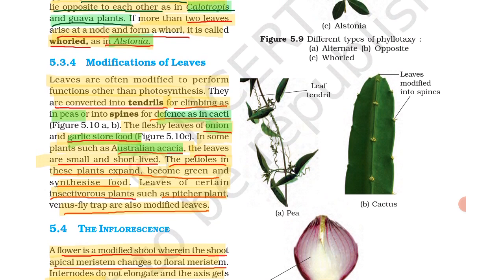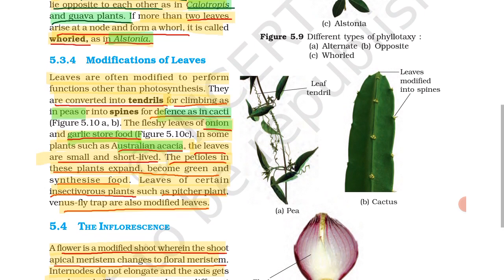So the examples: leaves are modified into tendrils, as in pea, and into spines, as in cacti. Refer to figure 5.10a and b.